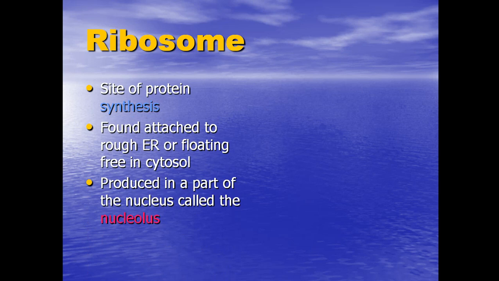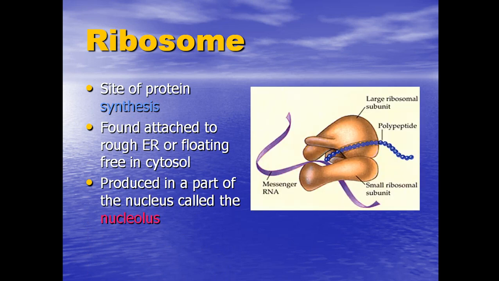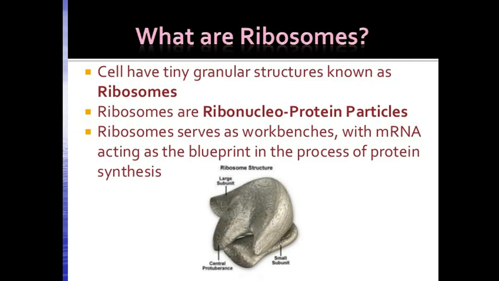These ribosomes are produced in the nucleolar region of the nucleus, in the nucleolus. So this is how the ribosome appears. These are tiny granular structures.